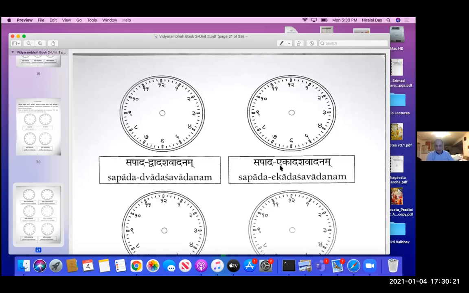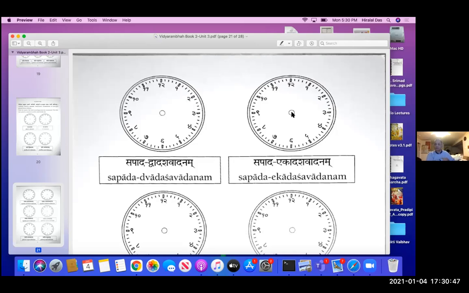Okay, first of all, tell me what it is in English. It's 11:30. No, Sapad is 15. So Ekadasavadanam is 11:15. Knowing that, tell me the position of the short and long hand in this clock.